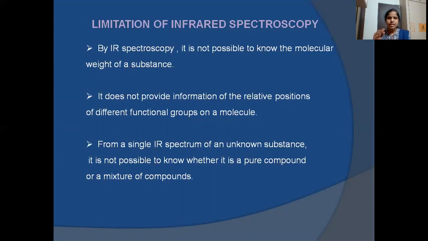So what happens when the IR region is incident on the sample? Transitions take place between which energy levels? They take place in the vibrational energy levels, which also consist of rotational energy levels. That is why IR spectroscopy is known as vibrational and rotational spectroscopy.